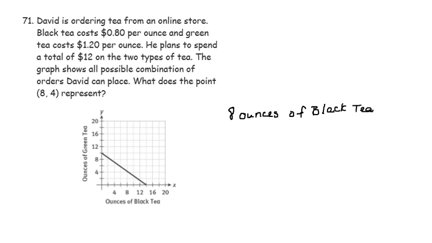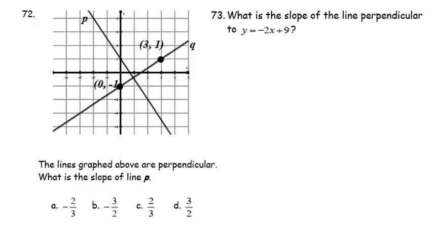And then the 4 is in the y, and our y-axis is the ounces of green tea. So that means that he got 4 ounces of green tea. And that's all that ordered pair means: 8 ounces of black tea and 4 ounces of green tea.